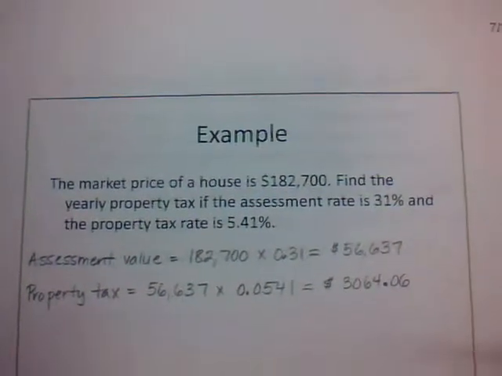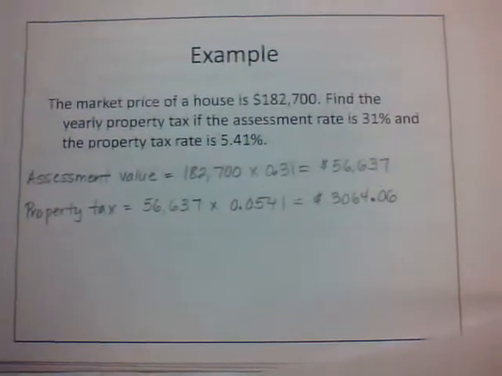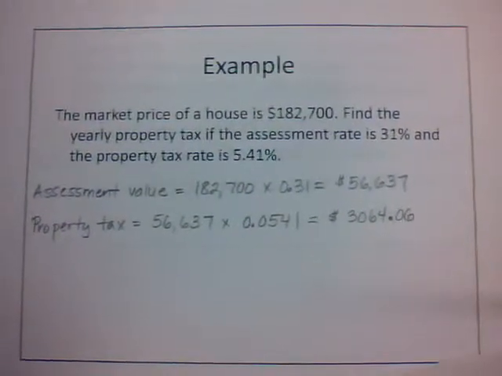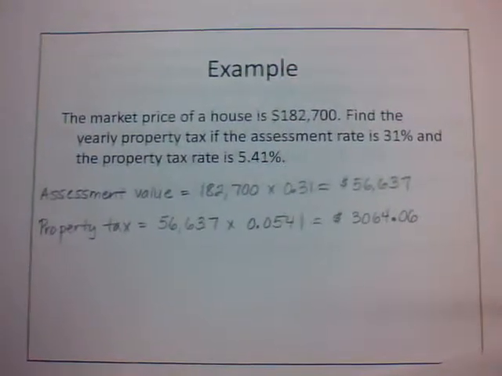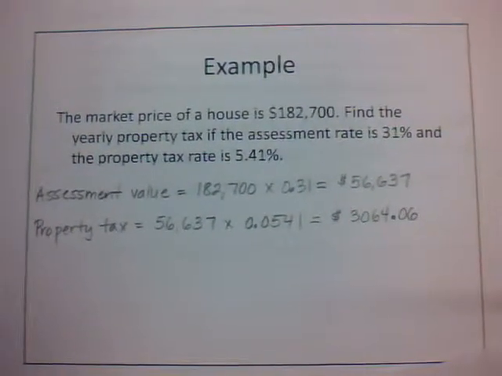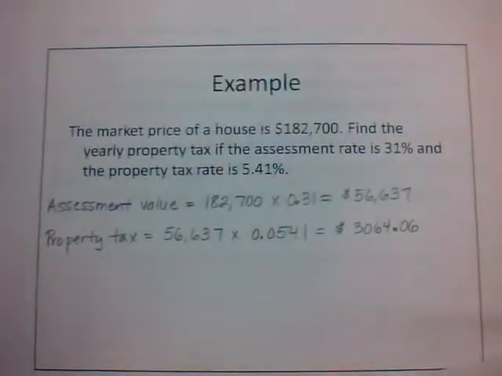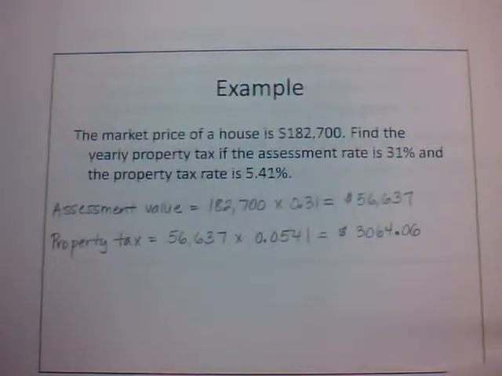All right, another example would be finding the property tax. Here we got the market value of a house being $182,700. Find the yearly property tax if the assessment rate is 31% and the property tax rate is 5.41%.